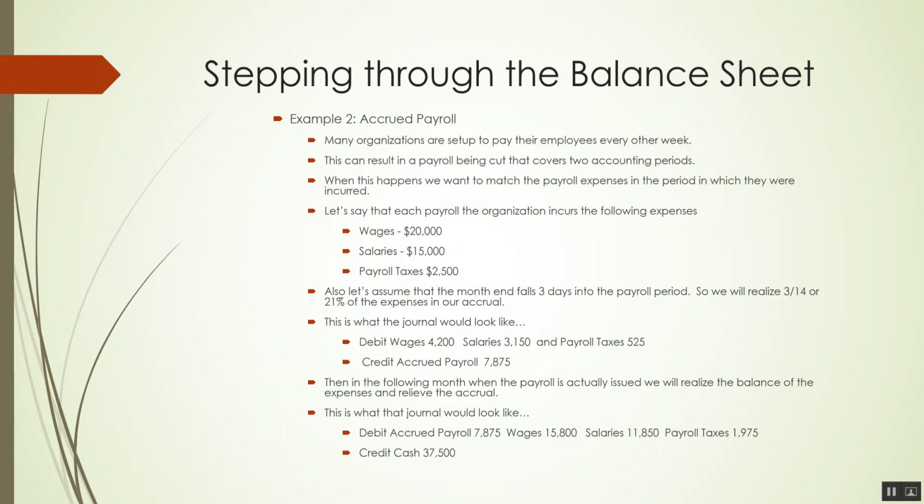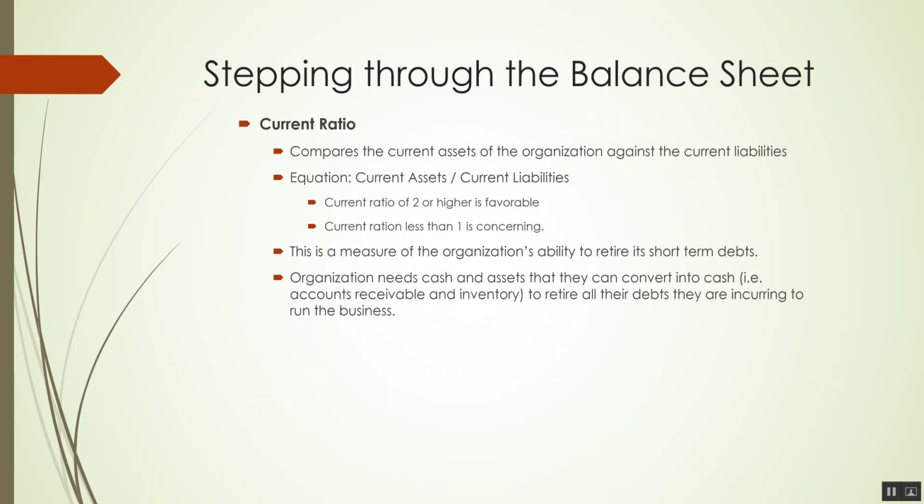Then we would recognize the balance of the expenses in the wages, salaries, and the payroll tax accounts. And that would all be offset with a credit to a cash account, or some type of payroll account that you have set up at your bank. So that's how the accrued payroll can flow through.